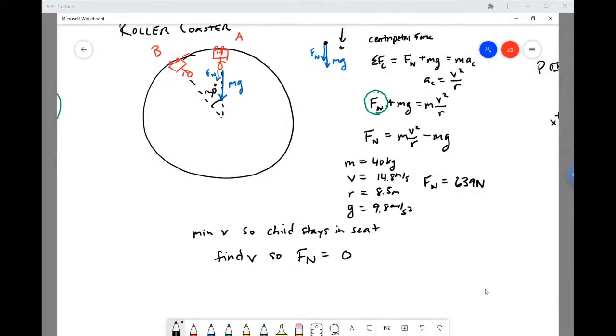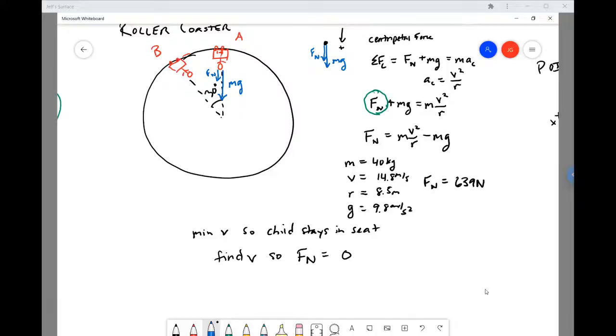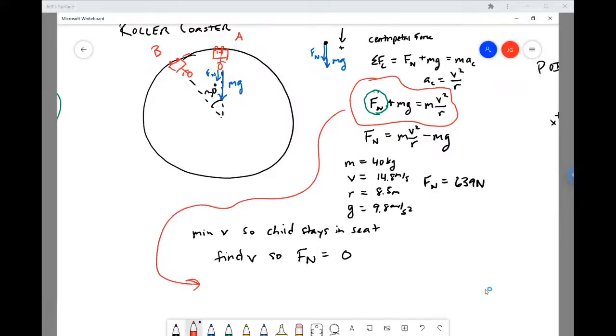So we back up here to our equation of motion. Circle it in blue, circle it in red, right here. We bring it down here and solve for v where Fn is 0. So Fn is 0, and then using the parameters given, solve for v.